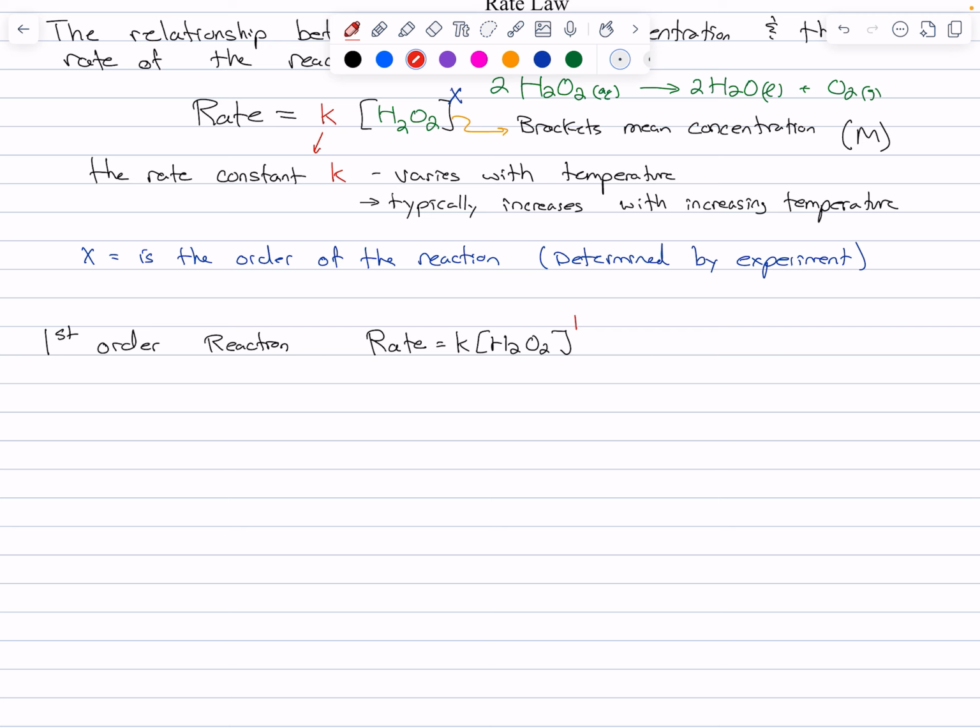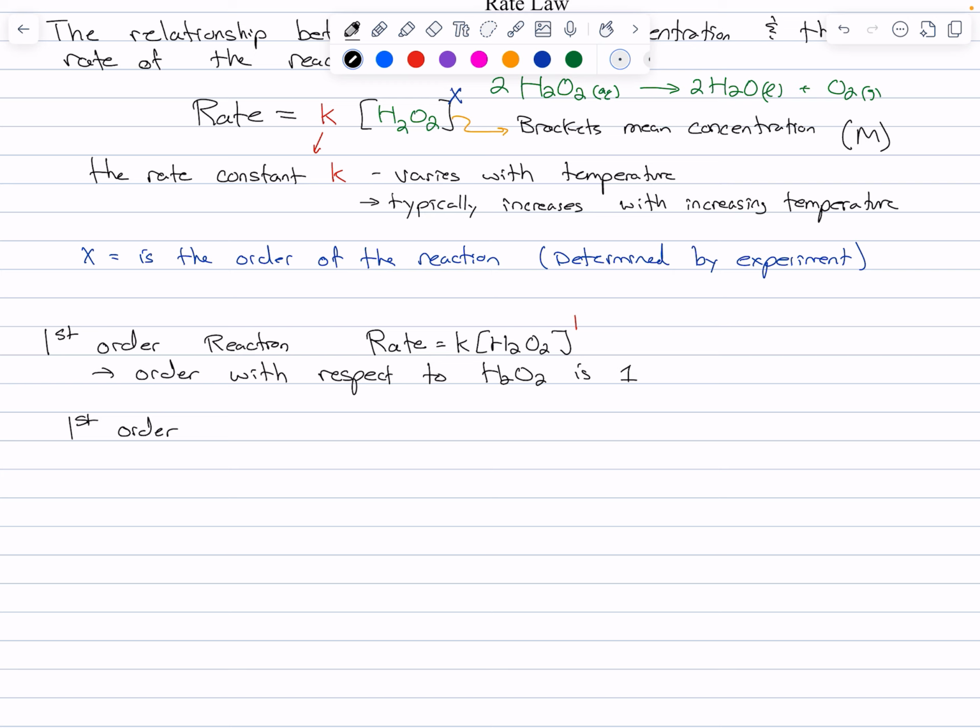It's a first order reaction, and the order with respect to hydrogen peroxide is 1. First order. So what orders will we be talking about? Well, we would have obviously first order.